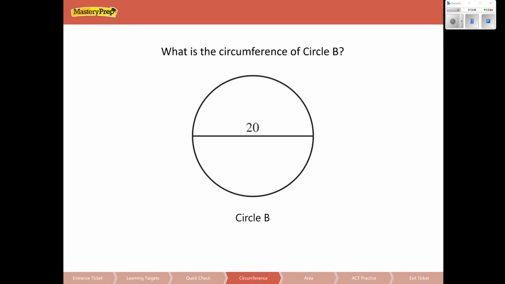What would the circumference of circle B be? Because we said that the circumference is 2 pi r, but what else is it? 20 pi.